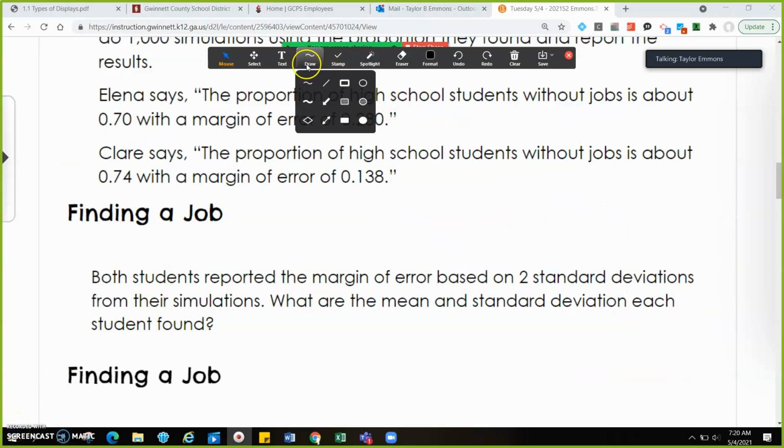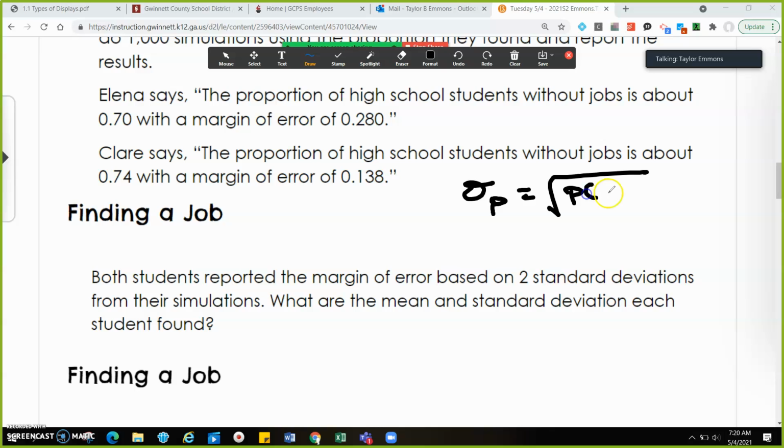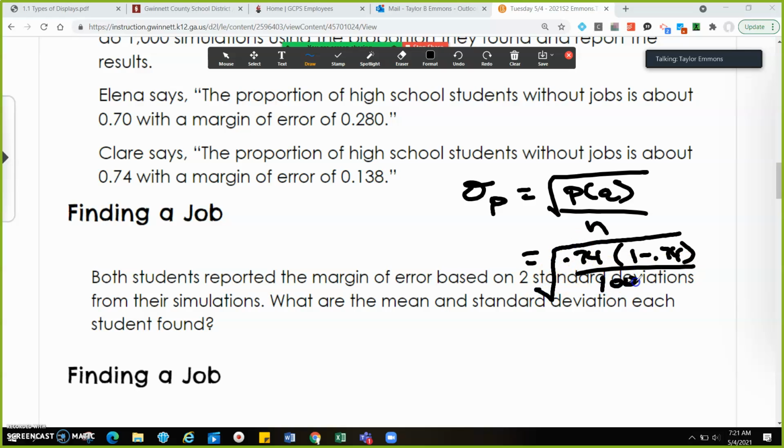Again, we're going to use sigma of the proportion equal to the square root of p times q divided by n. So we're going to have 0.74 times 1 minus 0.74 divided by 1,000.